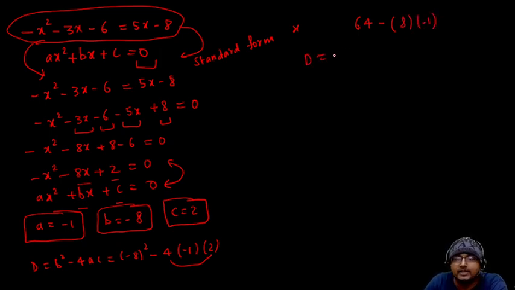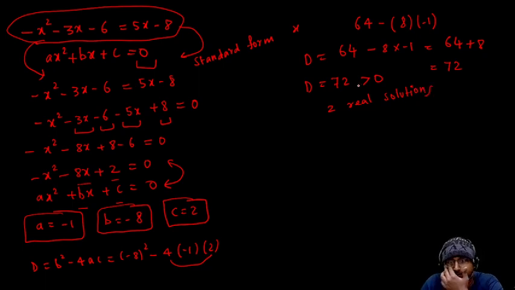So D is 64 minus 8 into minus 1; minus minus is plus, so 64 plus 8. We get 72. So D is 72, which is greater than 0, so two real solutions we will get.